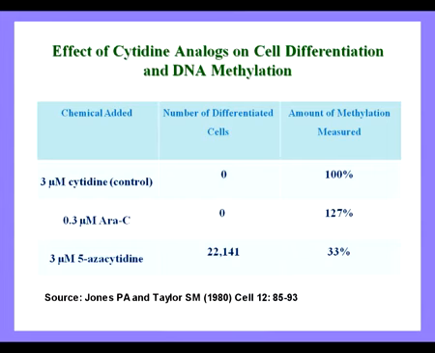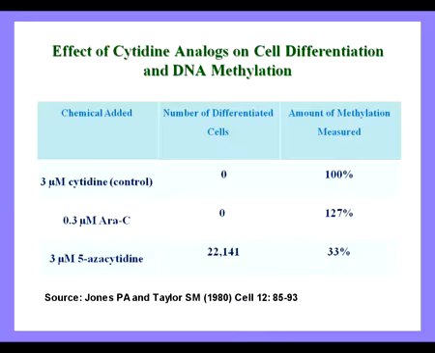After this experiment, they opened up a window for scientists around the world to work on these lines, making it a premise that DNA methylation is linked with gene expression. It was published in Jones and Taylor in 1980.